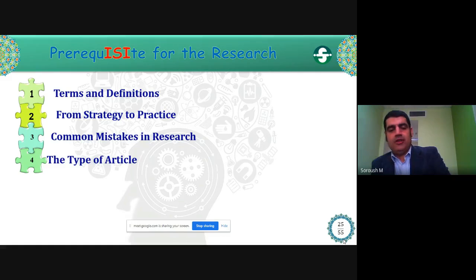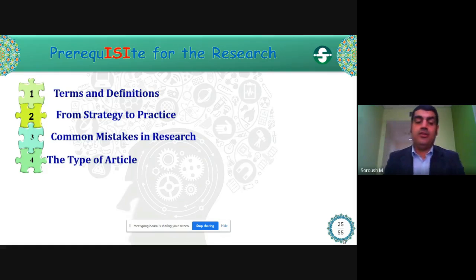We have several sorts of articles that will be shown to you, which we need to know how to get prepared for writing a paper based on the type of article we choose for having the highest level of attention from the side of editors and reviewers and readers.